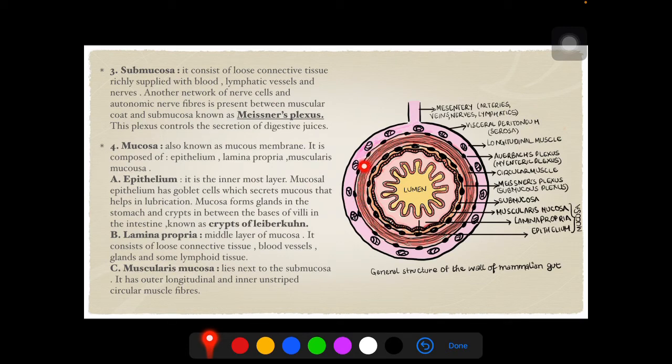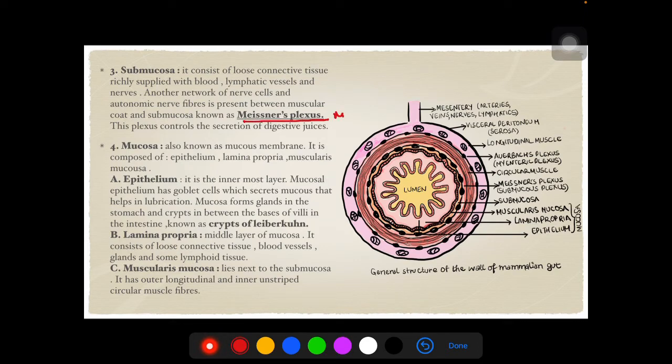So the first layer of nerve cells and nerve fibers was described as Auerbach's plexus, and the second layer is referred to as Meissner's plexus.